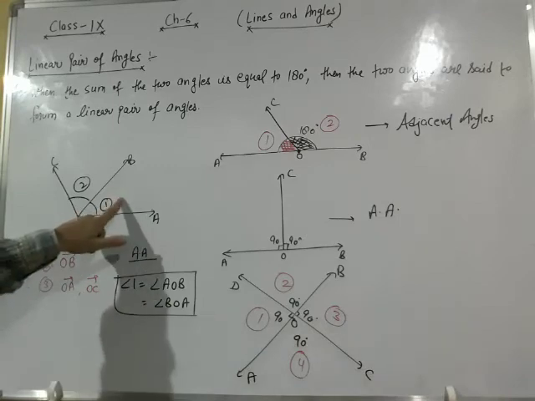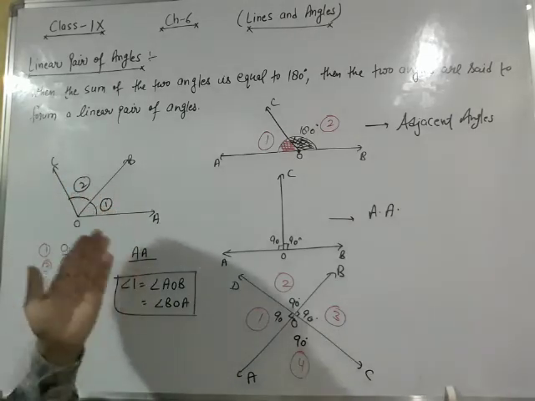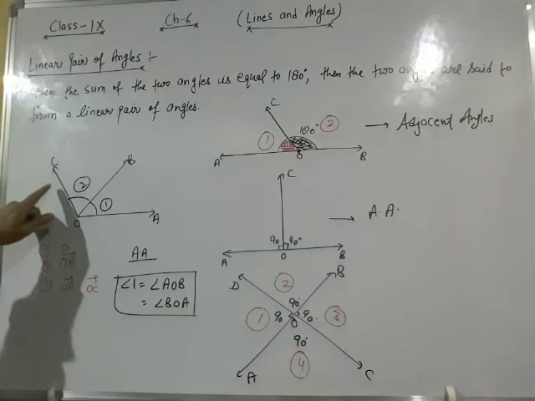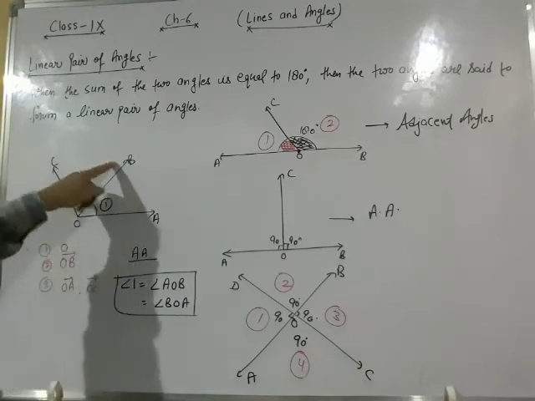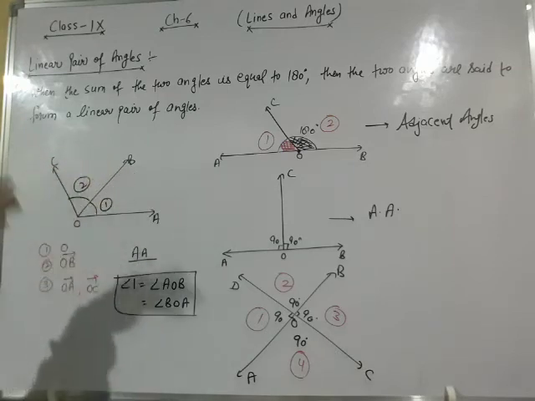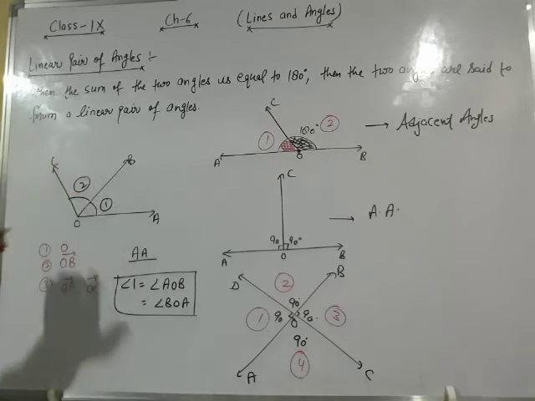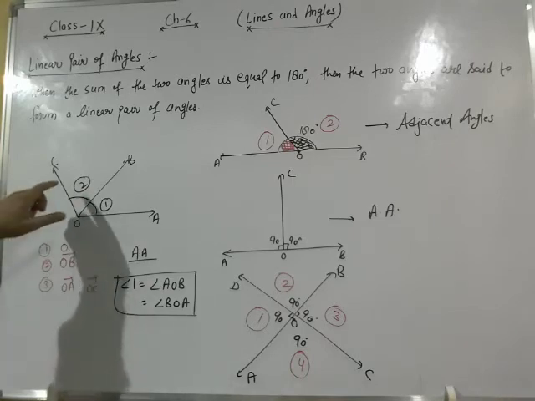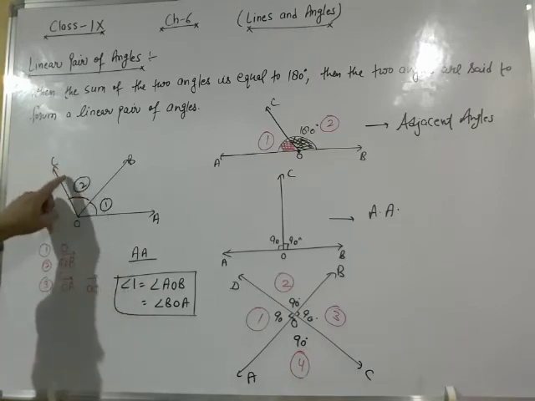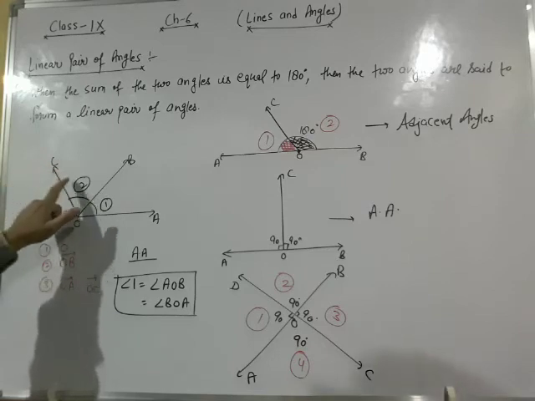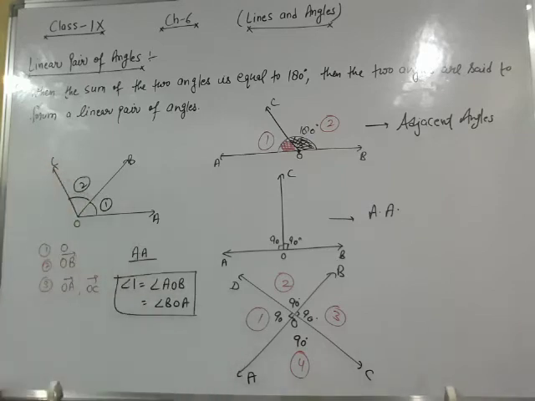If it is an acute angle, then the value of this angle will be less than 90 degrees. Similarly, angle COB or angle BOC or angle 2 is also an acute angle. By looking at the diagram, we can declare that the value of angle 2 will be less than 90 degrees.